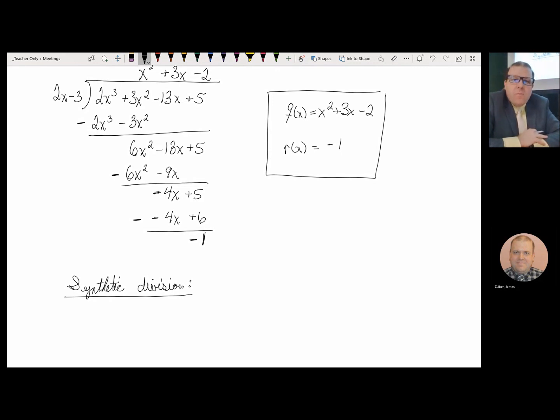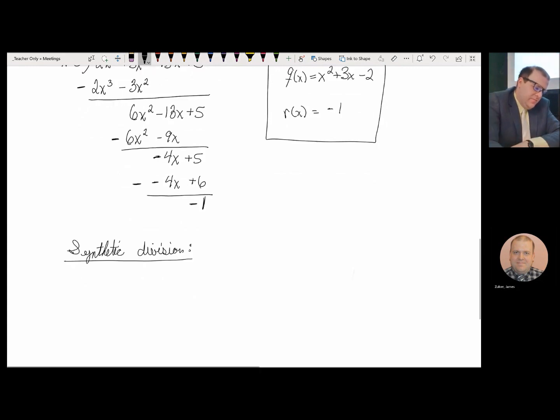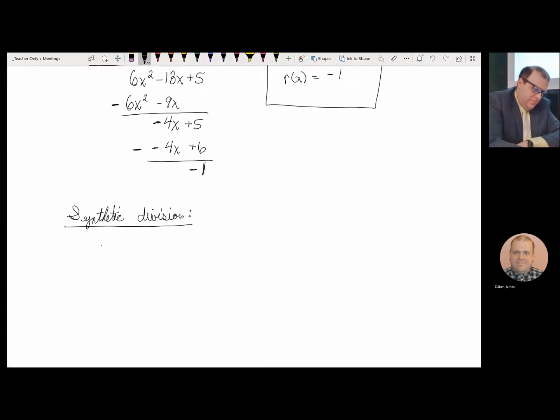Synthetic. Factor out a 2 in the divisor. It's now x minus 3/2.